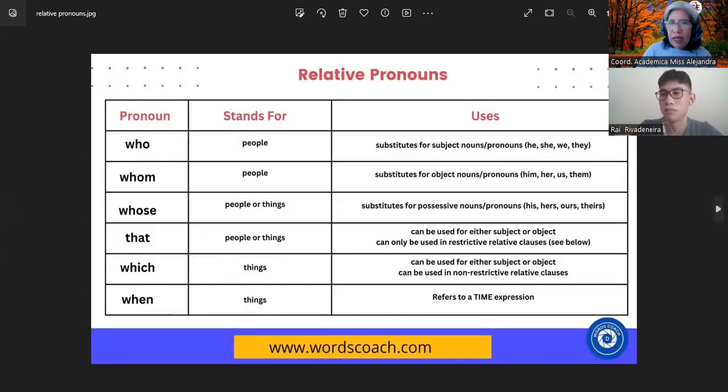Here we have another one that explains clearly that "that" can be used sometimes and sometimes not. In the case of that, it can be used only in restrictive relative clauses, only in the ones where the information is necessary.